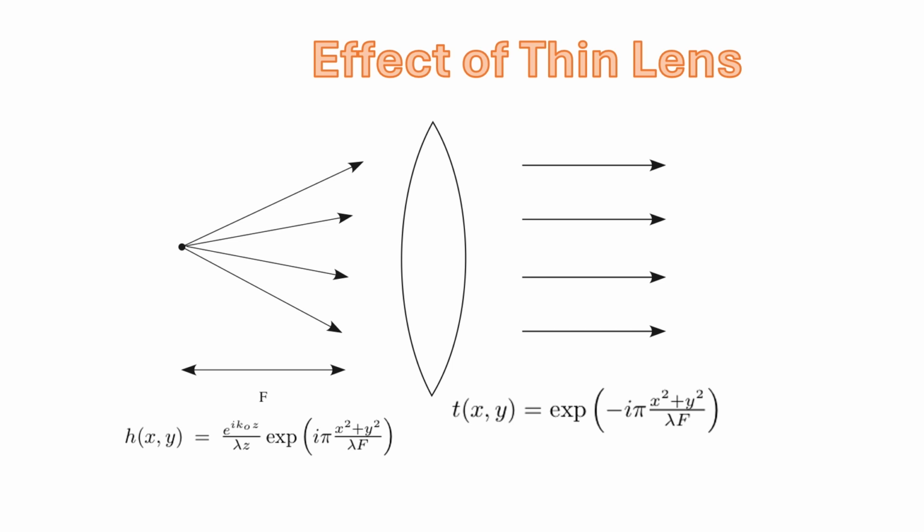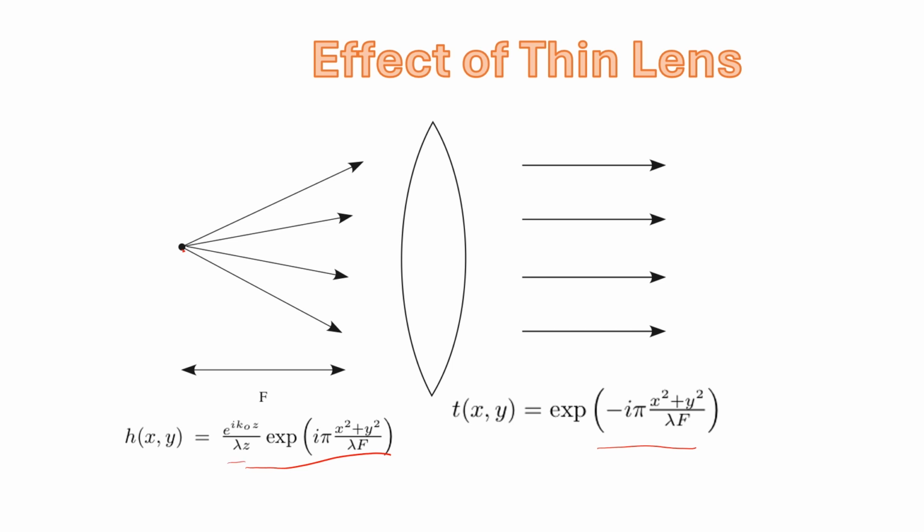Now in this case, if we have an impulse one focal length in front of the lens, so we're one focal length away from the lens, that impulse could be described in the Fresnel approximation by this field. And now if we modulate that by the transmittance function of the lens, it would cancel the field distribution of the impulse and create a collimated beam with just this e to the i k z dependence.